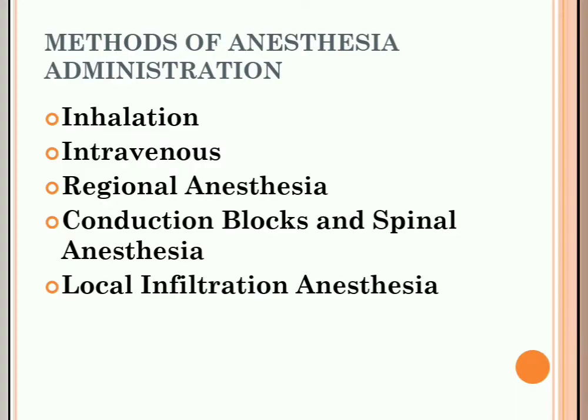Ito naman, mag-i-insert ang ating anesthesiologist ng endotracheal tube. The tube now will seal off the lungs from the esophagus. So if ever the patient will vomit, yung stomach contents will not enter your lungs.